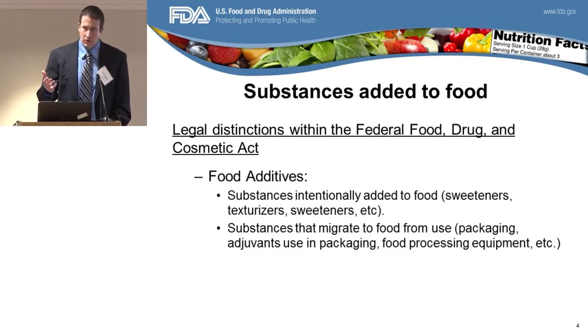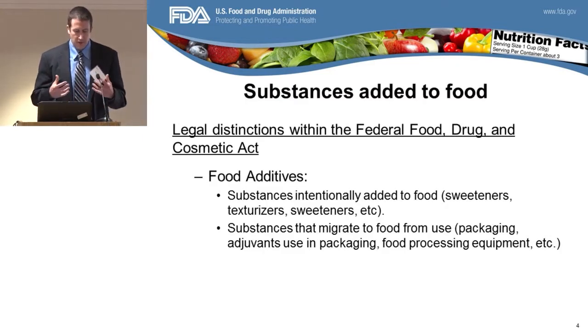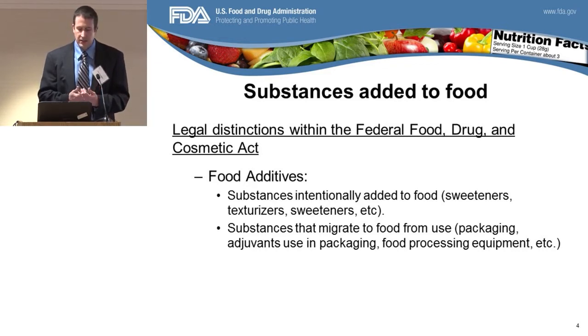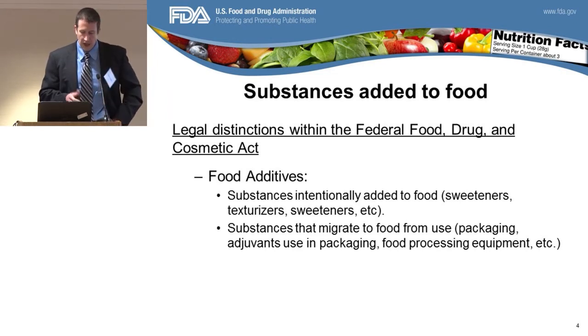So when it comes to food, most of what FDA does with food is dictated to us by the Federal Food, Drug, and Cosmetic Act. That is the legal document which provides most of FDA's jurisdictional authority over foods, and therefore over food packaging.